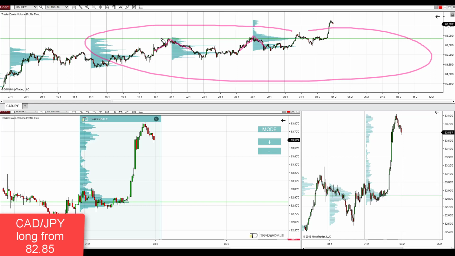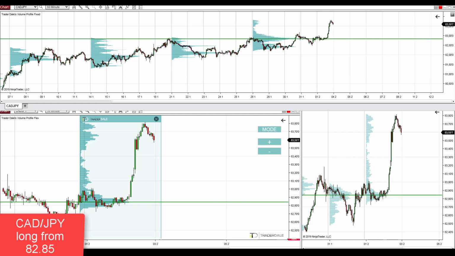The price made pretty nice reactions to this level, and when the price went past the level, it became a support. So we have resistance becoming support setup, and we also have the volume accumulation setup. And both of those setups confirm the long level.